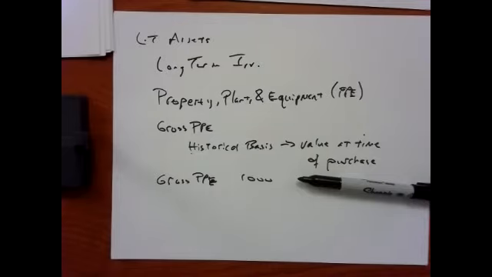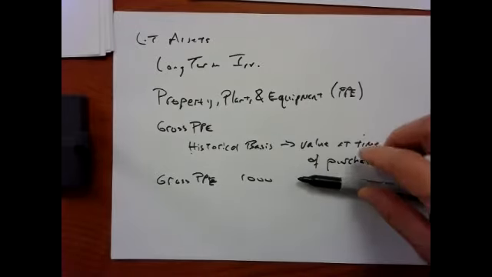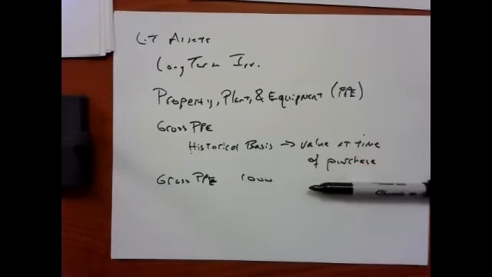So maybe they bought these tables 5 years ago, and they cost $200 each. I'm just making up a number. That's 200 times however many are in the room, and then multiplied by all the classrooms across the campus. So even though they're 5 years old, and even though my computer is, let's say, 2 years old, it's still being carried at its purchase price in the gross line.